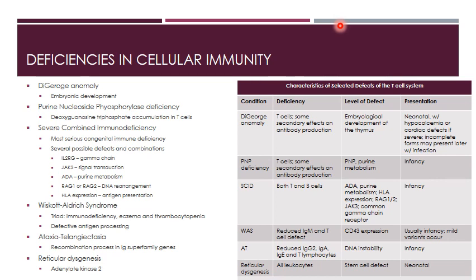For these patients, irradiation is really important, and that's because they usually do have some T cells. The T cells that they do have, however, don't function properly, and so these patients are at a much higher risk for graft versus host disease, even with a very small number of foreign T cells, because their own T cells are unlikely to be able to overwhelm any foreign T cells that make it into their system.